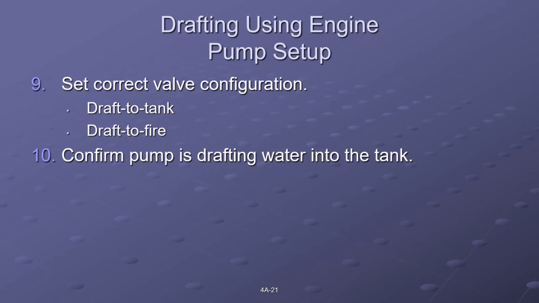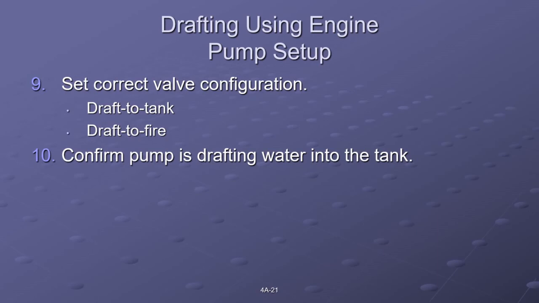Hook up my draft hose, get a prime, make sure that I'm actually building some pressure with my pump, and then I can send it to whatever discharge I want. That can be back to the tank, or that can be out to a fire. But if you look at it from that standpoint, more of a 3 or 4 step piece: where's it coming from? Get it primed, build pressure, send it to wherever you want it to go.